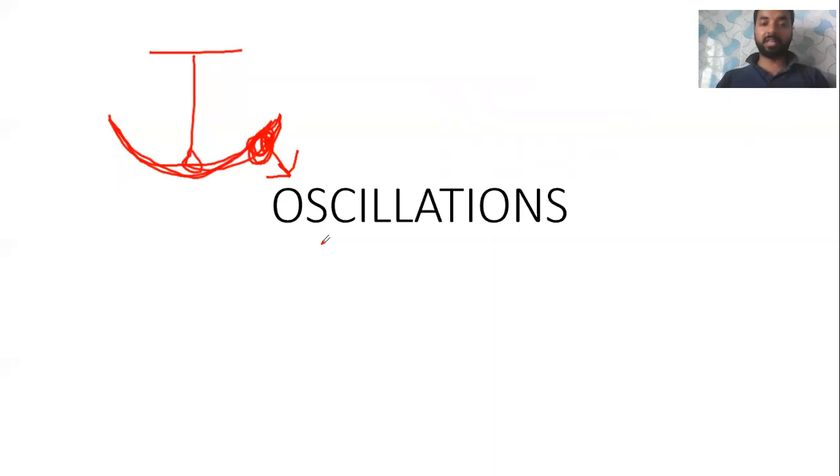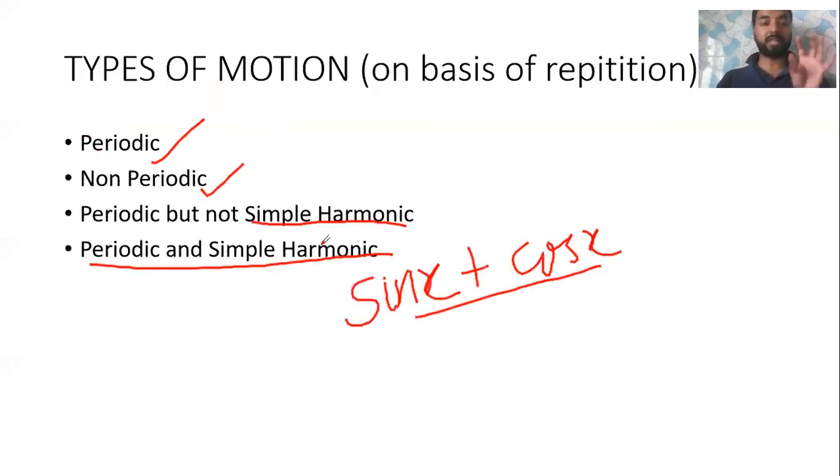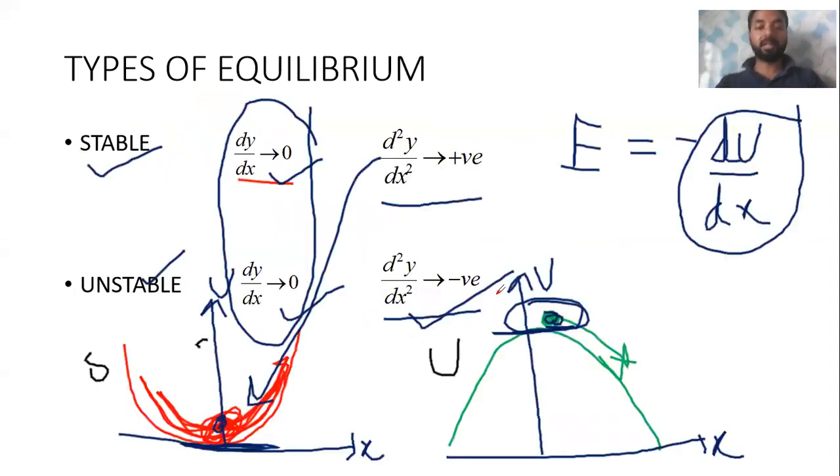So we considered small oscillations. We saw the types of motion: periodic, non-periodic, what are periodic motions that are SHM and can be considered in terms of sine and cos, and what are periodic but not SHM. We saw the conditions of stable and unstable equilibrium, and the relation between force and potential energy.